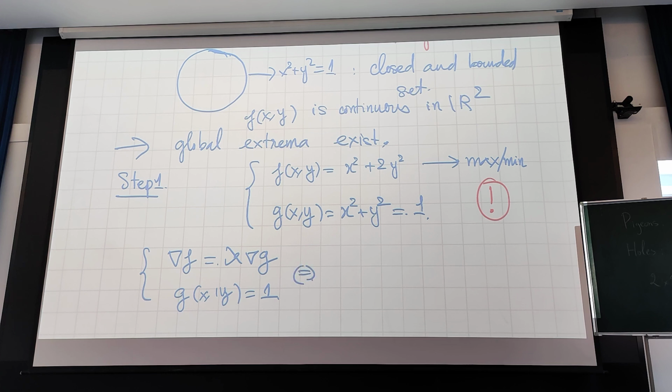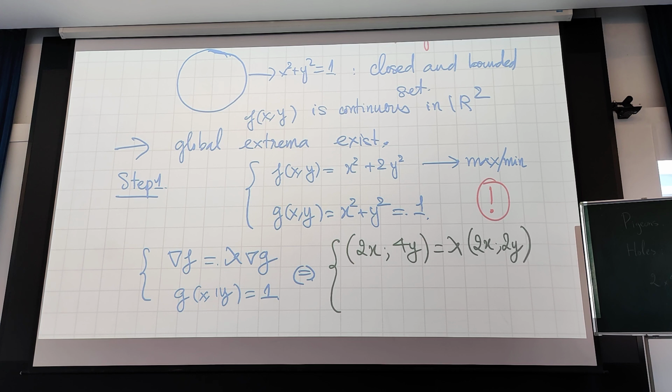Now we need to decide the form of this equation. Of course, we need to find the gradient vector of f, so we have (2x, 4y) equal to lambda multiplied by the gradient vector of g, which is (2x, 2y).